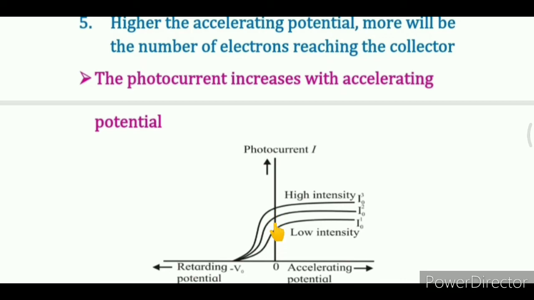This increase will be there till a particular limit, for all the electrons which are knocked off from the surface and reach the collector plate. Further, no increase in the photoelectric current is seen beyond a particular limit, and we already discussed that this constant value of the photoelectric current is said to be the saturation current.